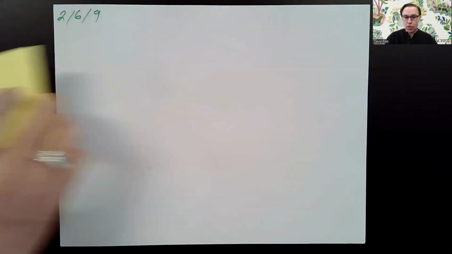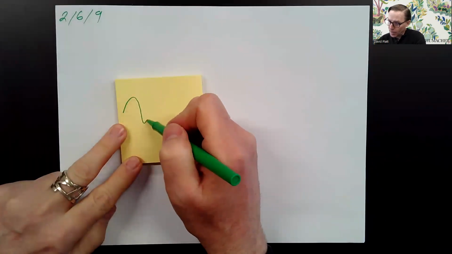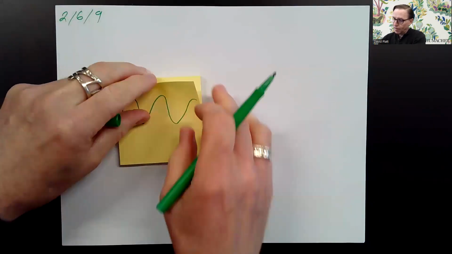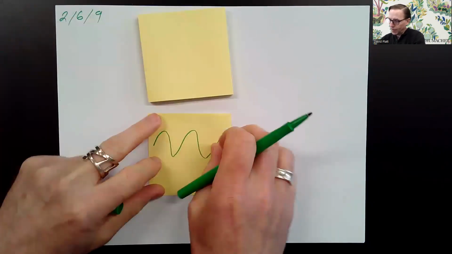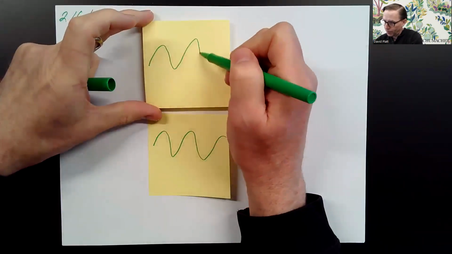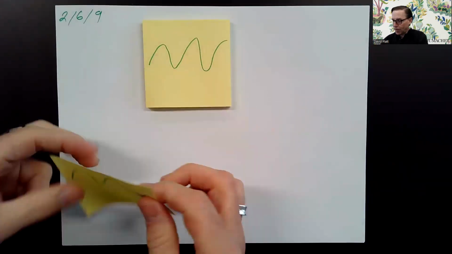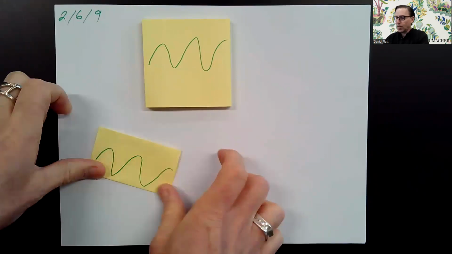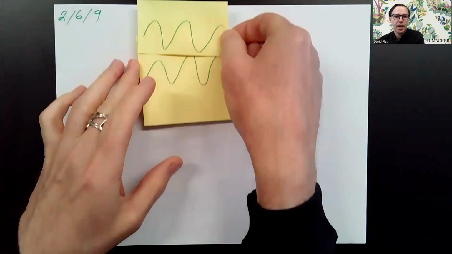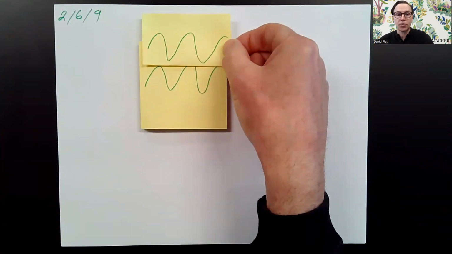When I have two light waves, here's a light wave, and then another light wave. Those light waves can interfere if they both get to the same place at the same time, and if they do, then they will interfere constructively.